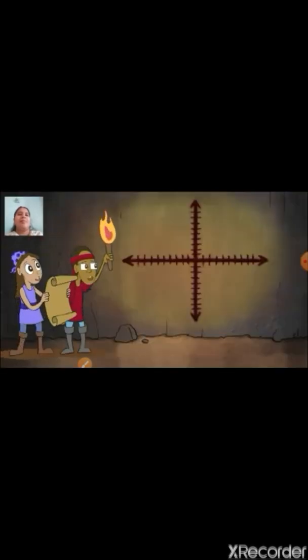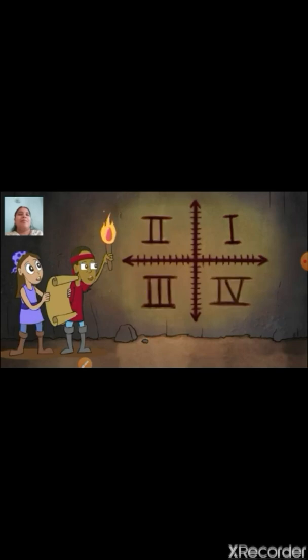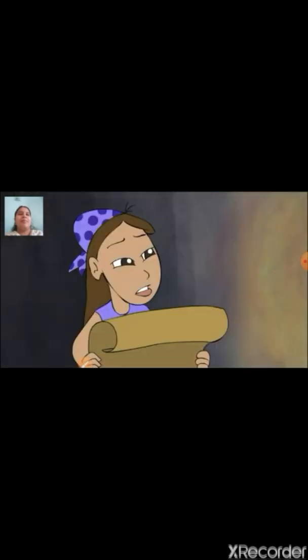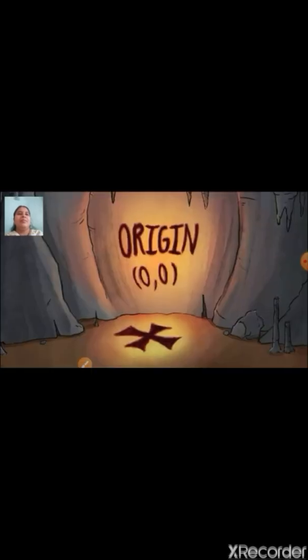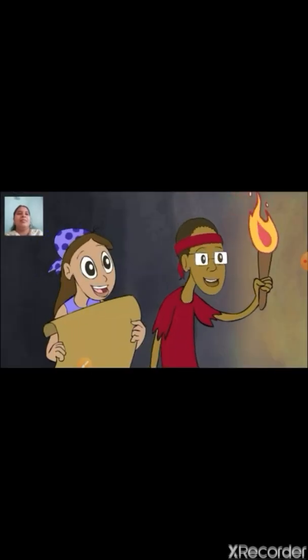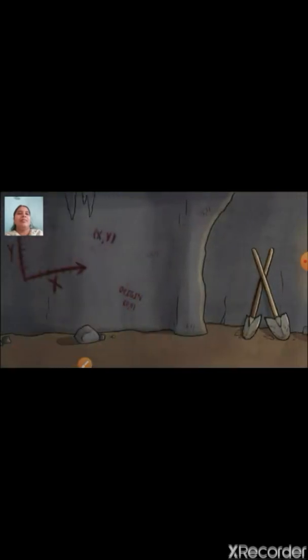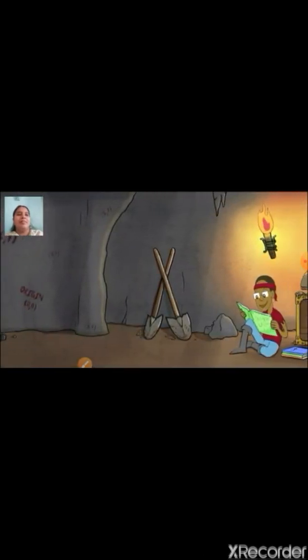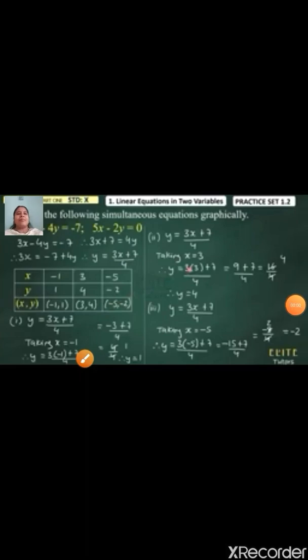There are four quadrants. The first is in the top right corner. The second, third, and fourth going counterclockwise order. Finally, there's a place you begin, at 0, 0, called the origin. On the x-axis, count left or right. On the y-axis, count up or down.